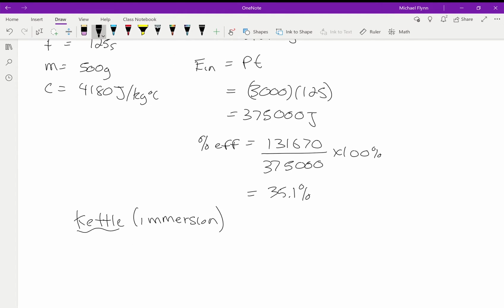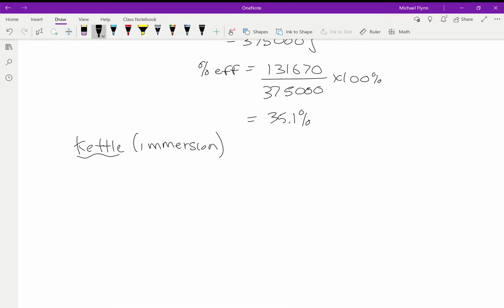But the immersion heater is conduction also, but the element is right there in the water, so it doesn't have to do the step of going through the pot or the metal kettle or whatever it is that we're doing there. But this immersion heater has the advantage of the heaters being right in there.